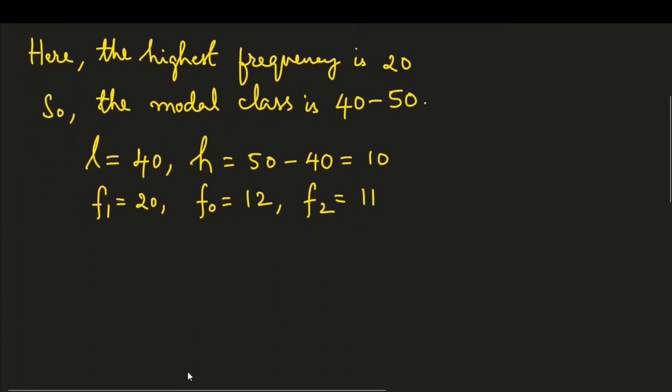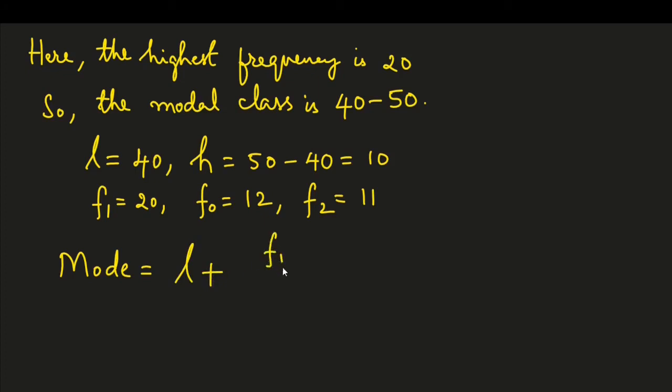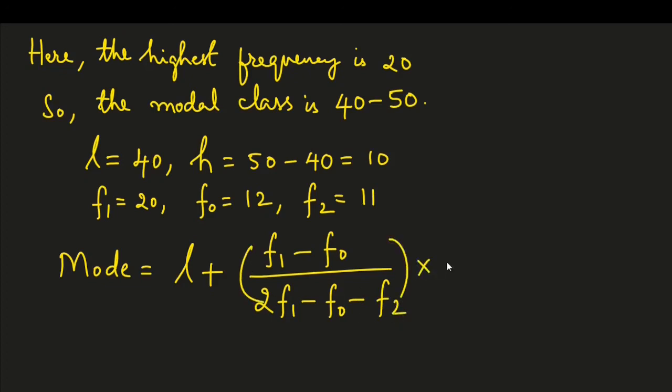Now what is the formula for mode? If the question is asked for more marks, it is better you write the meanings of these symbols. Now let us write the formula for mode. Mode is equal to L plus F1 minus F0 by 2 into F1 minus F0 minus F2, into H. Now let us substitute the values and calculate mode.